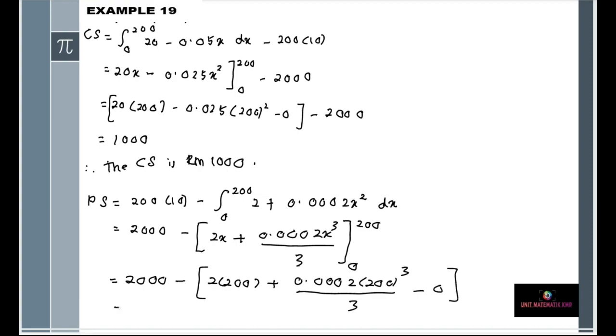So this answer is 1066.67. So the conclusion is up here: therefore the producer surplus is RM 1066.67. Done.